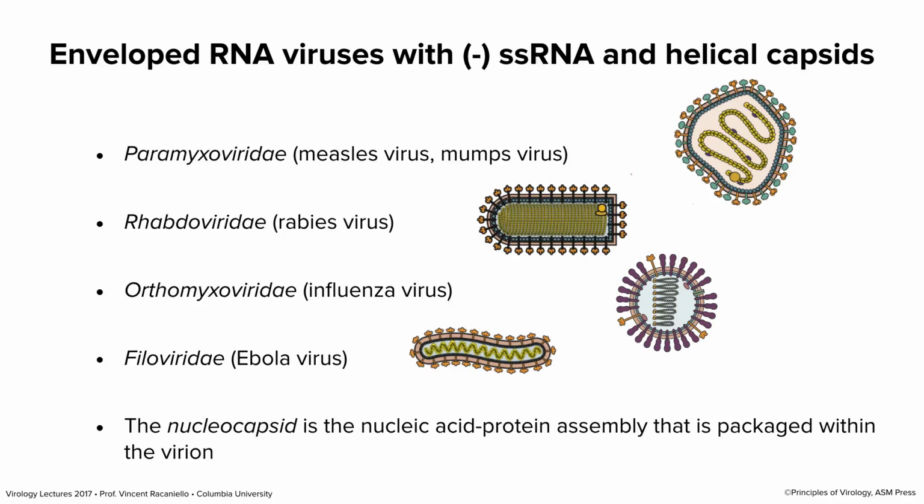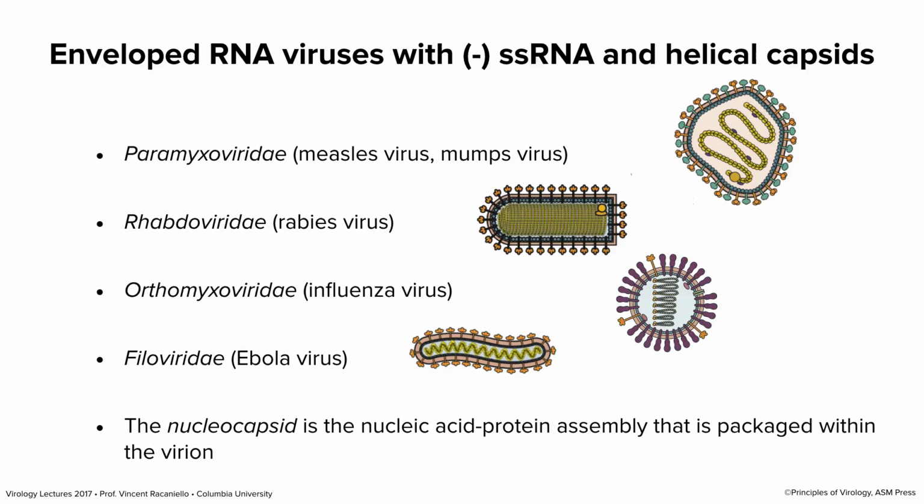We've talked a little bit about the paramyxoviruses, measles, mumps virus, Sendai virus, which I showed you a picture of. Again, a helical nucleocapsid, RNA plus protein, wrapped in a membrane. Rhabdoviruses, rabies virus, vesicular stomatitis virus, we just looked at that. The influenza viruses are enveloped viruses. The genome is a helically built nucleocapsid.